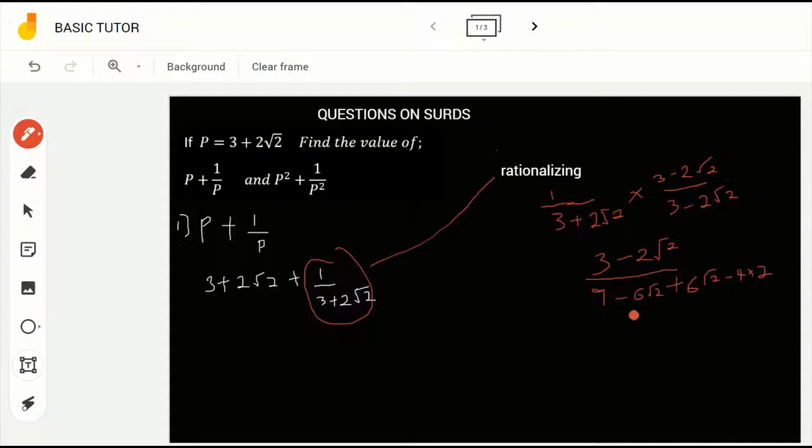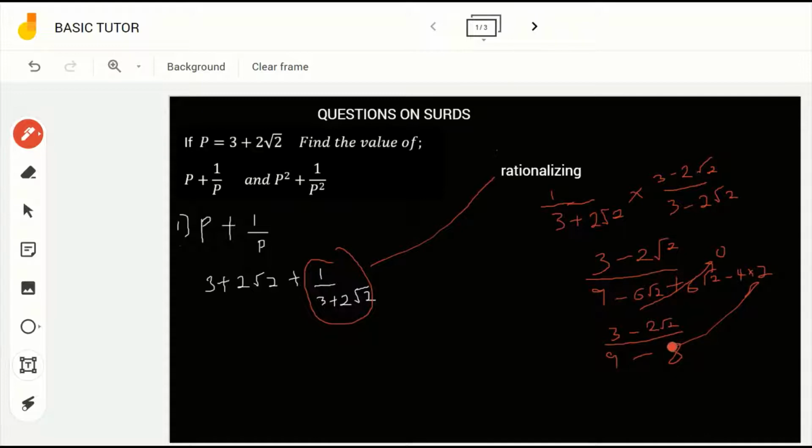Therefore, we have 3 minus 2 root 2 divided by 9 minus 6 root 2 plus 6 root 2 gives us 0, and minus 4 times 2 gives us 8.